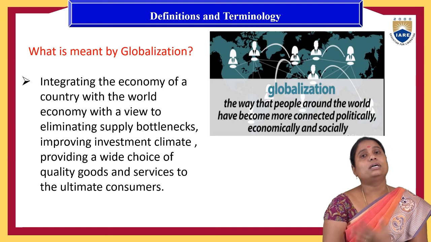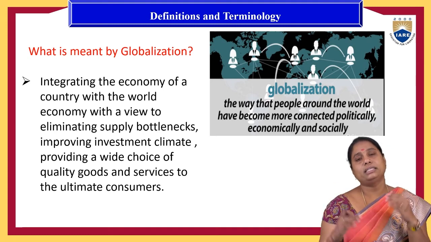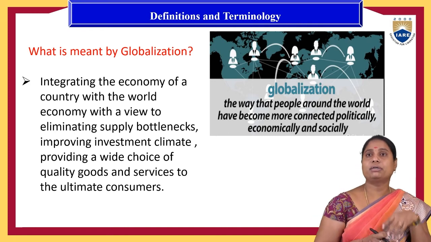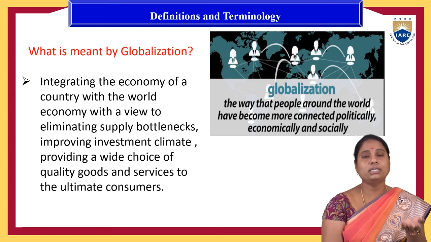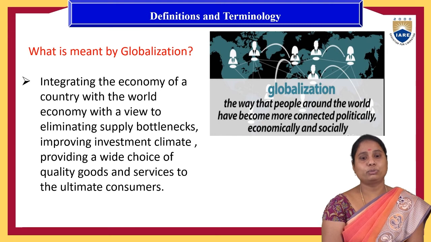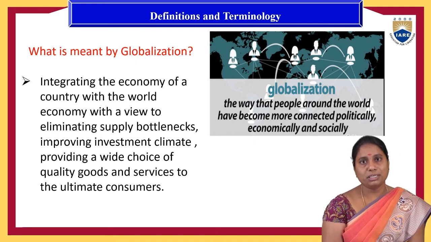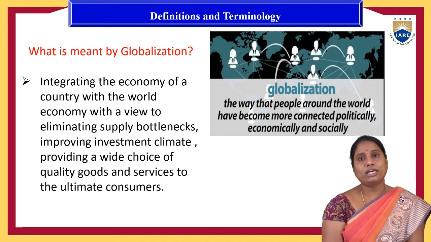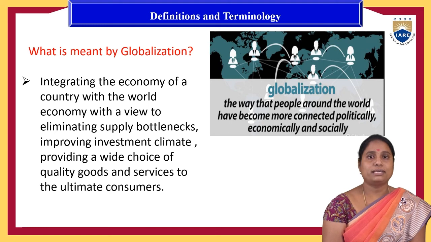But due to advanced transportation and technology, we are communicating across countries and enjoying one country's products, and we are able to get other countries' products too. That integration of the economy of countries with the world economy, with a view to eliminating supply bottlenecks, improving the investment climate, and providing a wide choice of quality goods and services to the ultimate customers, is called globalization.